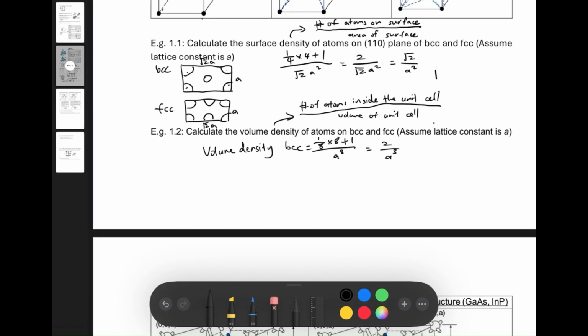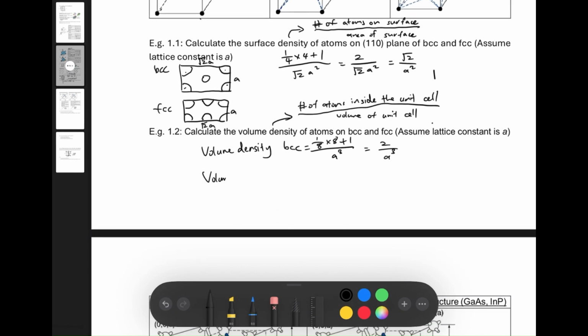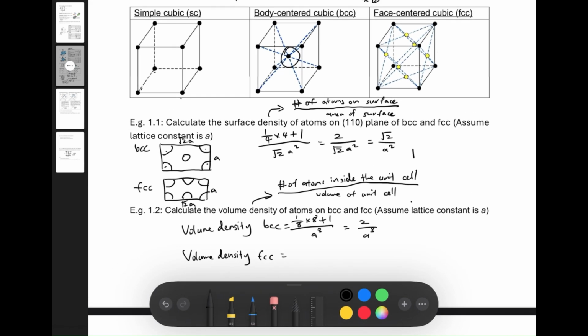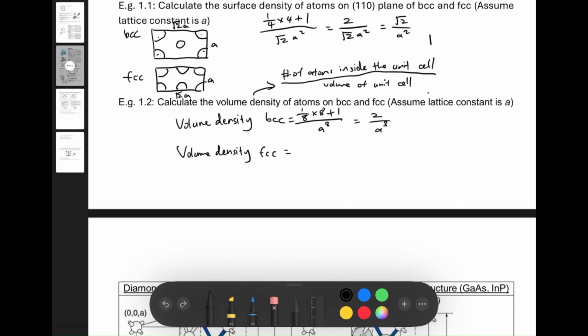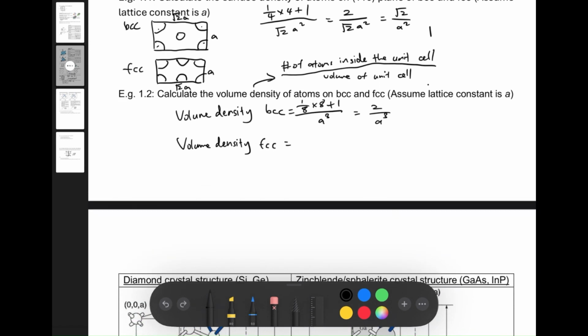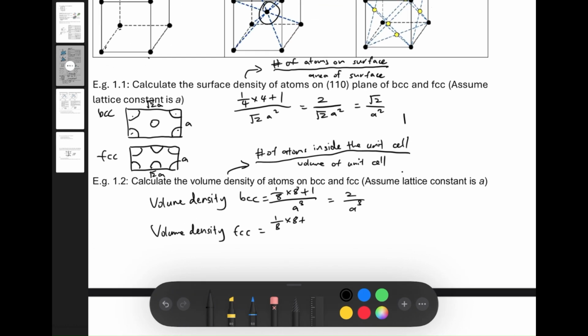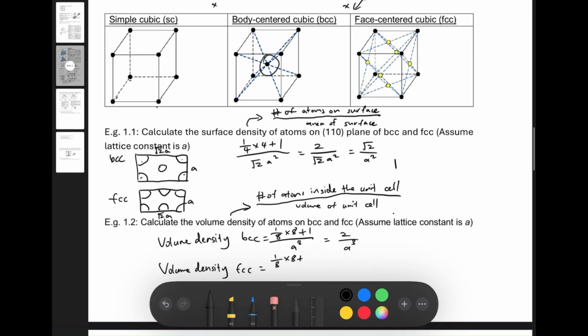So for FCC, we also have 1/8 of each atom at each of the 8 corner points. And then we have half of each face atom.